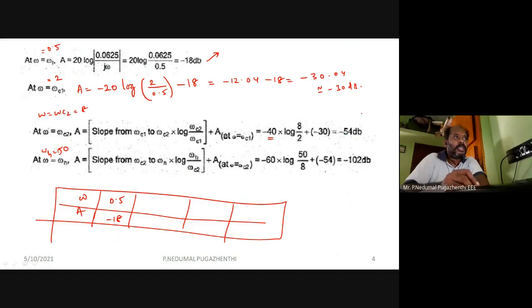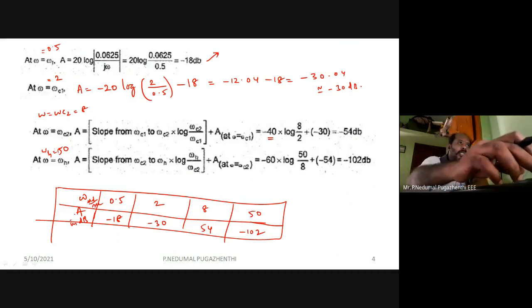Then it is 2, it is minus 30, then it is minus 54 if it is 8, and then for 50, you will get minus 102. So this is the table which is satisfying my magnitude plot values for different values of omega. This omega is in radians per second, and the magnitude is in decibels.